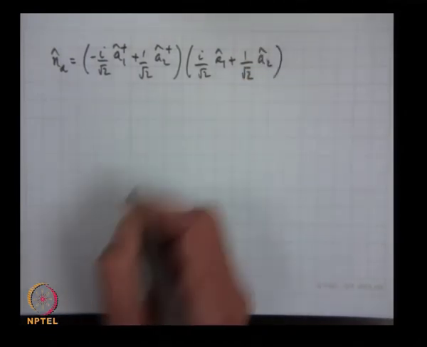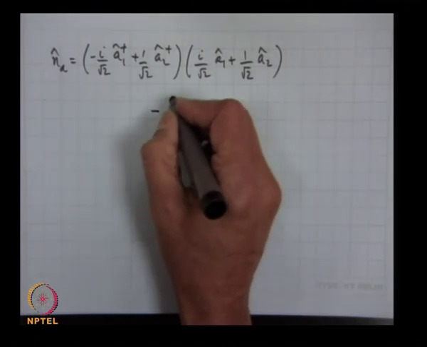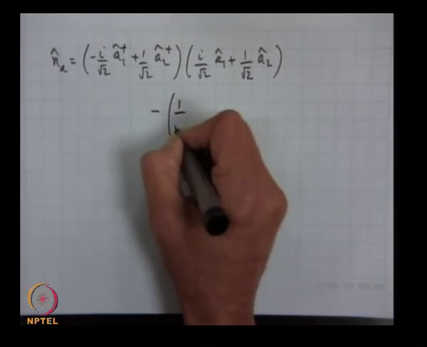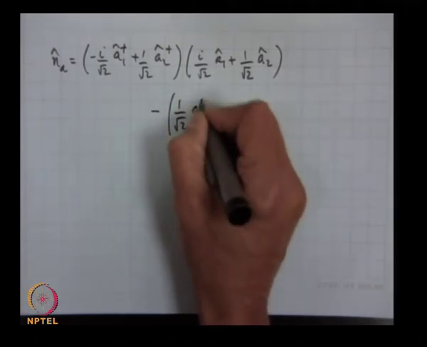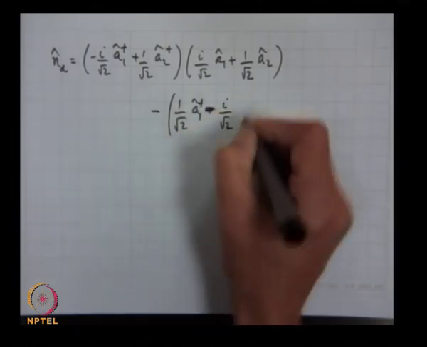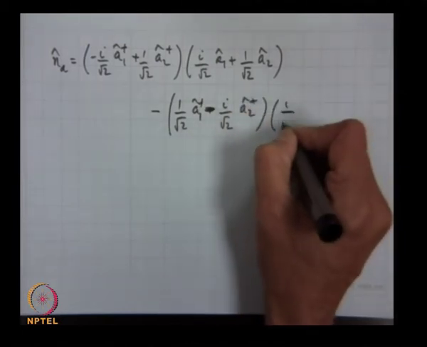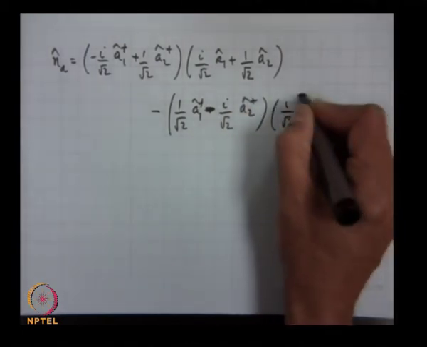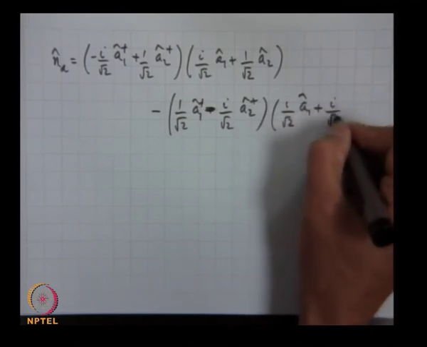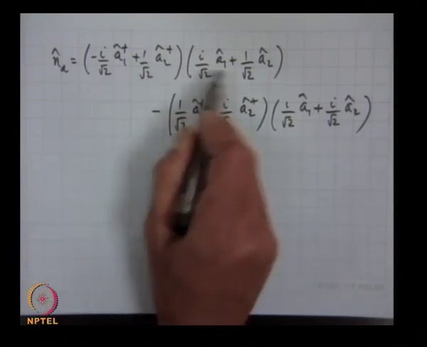This is A3 dagger A3 minus A4 dagger A4, where A4 dagger is 1 by root 2 A1 dagger plus minus i by root 2 A2 dagger into 1 by root 2 A1 plus i by root 2 A2.